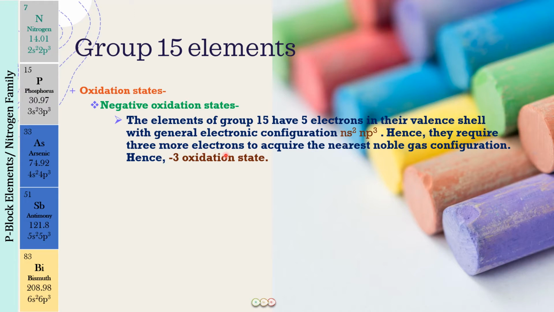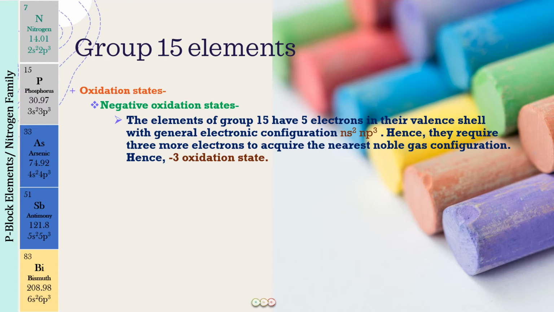If they gain 3 electrons, they attain the nearest noble gas configuration, hence the -3 oxidation state.